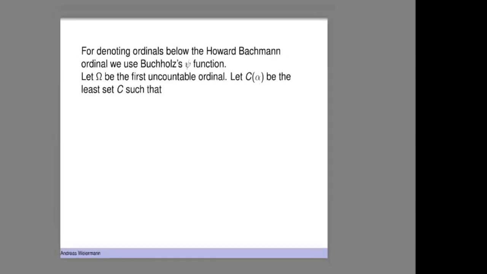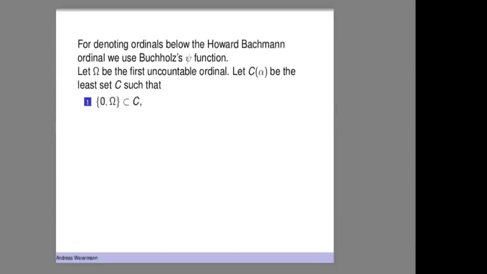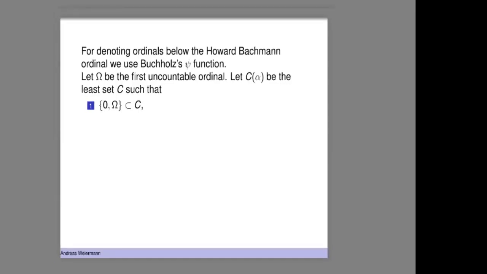So I define this function. Omega is the first uncountable ordinal, and C alpha is the least set C of ordinals, such that the ordinals 0 and omega are elements of C. This set C is closed under plus 1, under the successor function. And if I have numbers above capital omega, they are closed under forming omega exponentiation and sums.